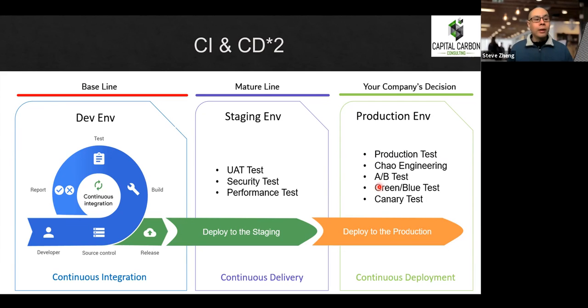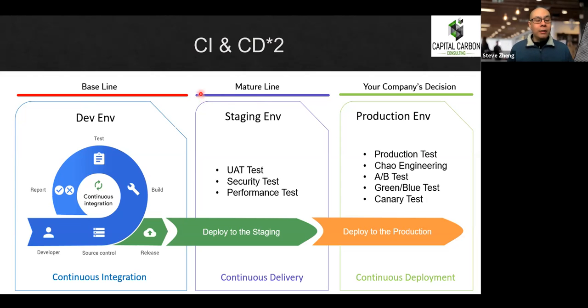Okay. For Agile software development, CI here is your baseline, which means it is essential. You can't develop anything without CI implemented. And if your company has a continuous delivery pipeline, here, you reach the mature line, okay?